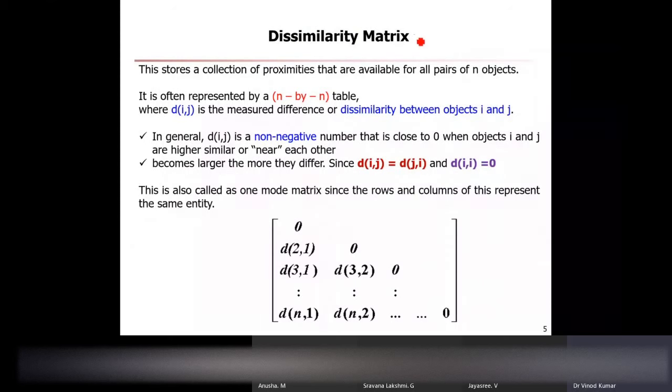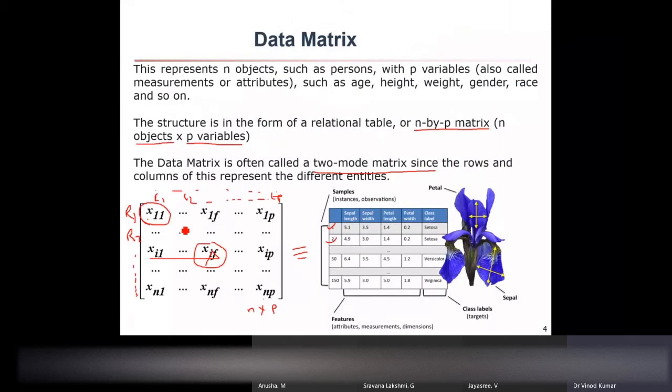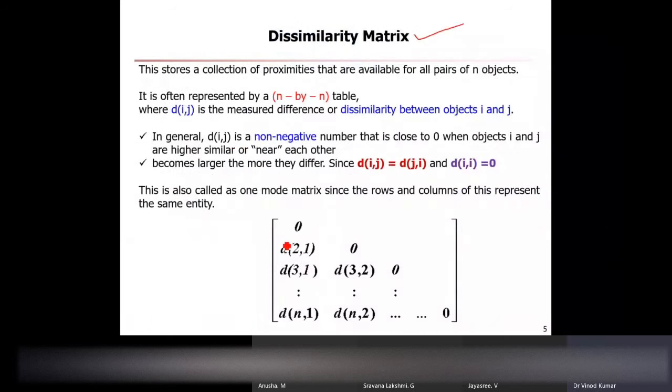It is very important to know the dissimilarity between two objects. So here in the matrix we will represent only the dissimilarity between the objects. It is similar to this one, but there we had n cross p, that is object by p variables, p attributes, but here we have object by object.